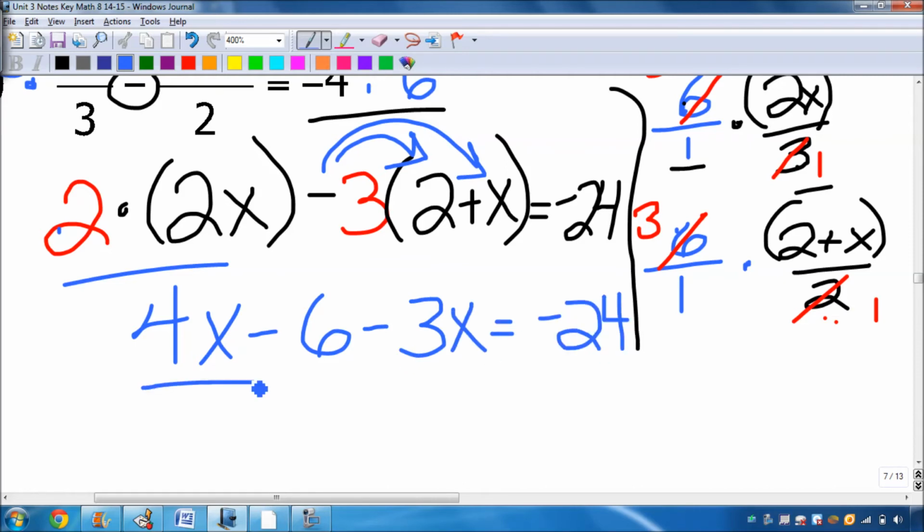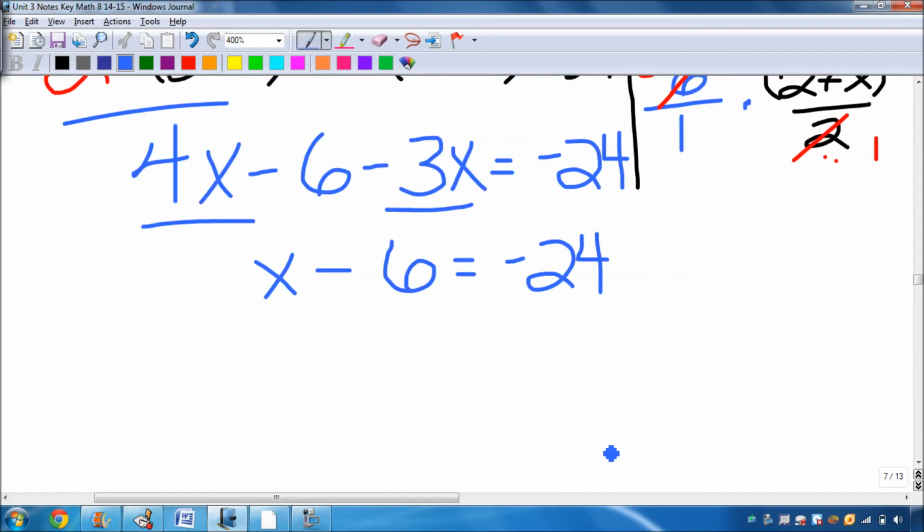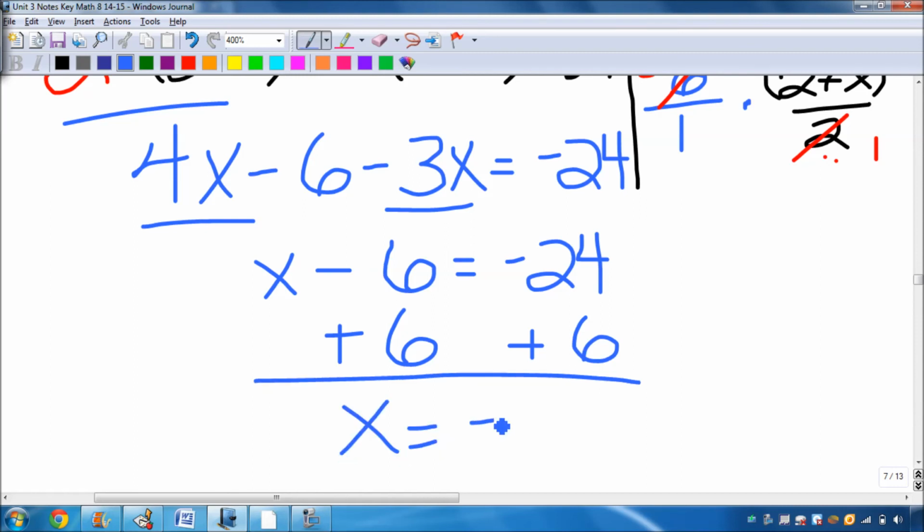Okay? Combine the 4x and the negative 3x, you get x minus 6, just copy that down, equals negative 24. All right? One last step, just add the 6 to both sides, and you get x equals negative 18, and you are done.